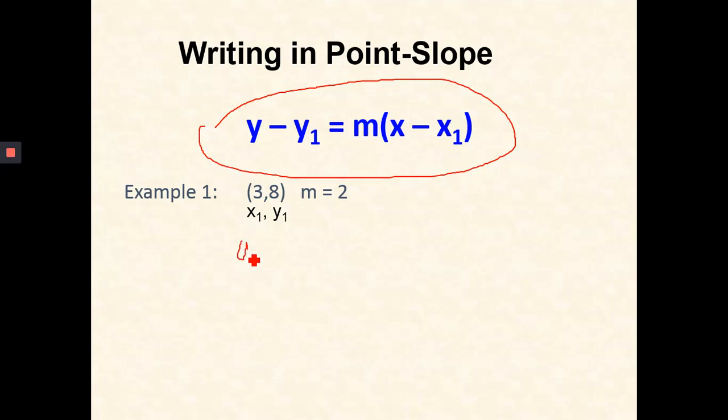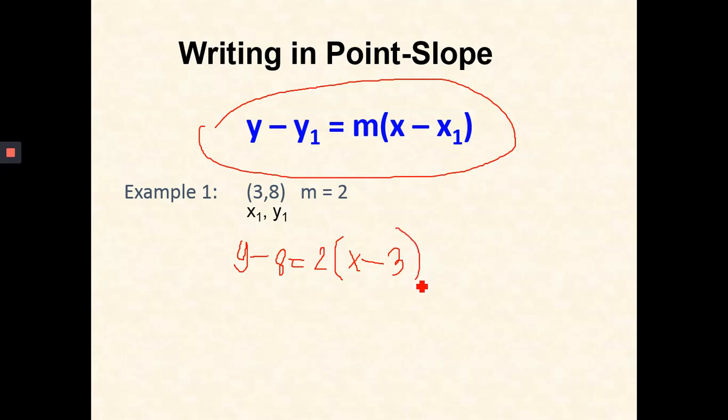You're just going to substitute. You have y minus y sub 1, which is 8, is equal to m, your slope, multiplied by the quantity x minus x sub 1, which is 3.